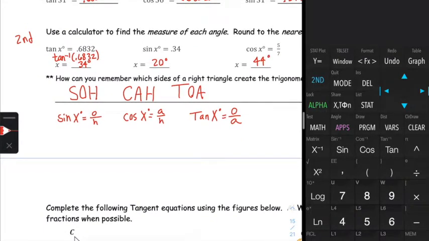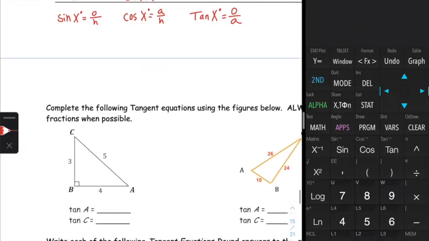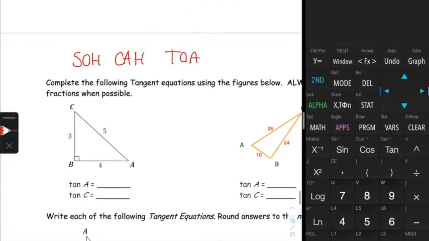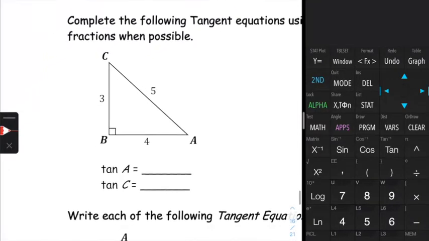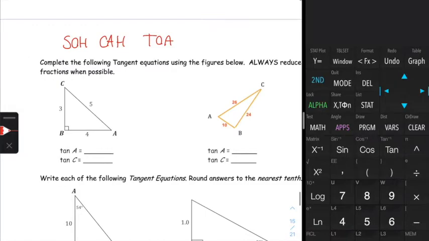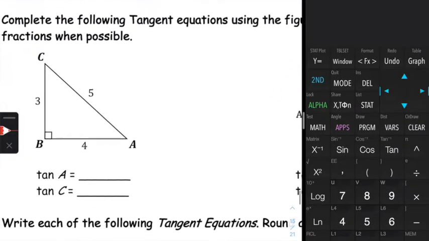I usually encourage my students to write that down at the top of every page so they can refer back to it. So once you get that, I'm going to just rewrite it right here real quick. Sohcahtoa, and then we're going to use that idea to find the tangent ratios of these figures right here.